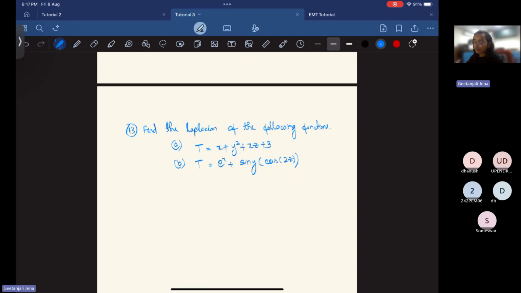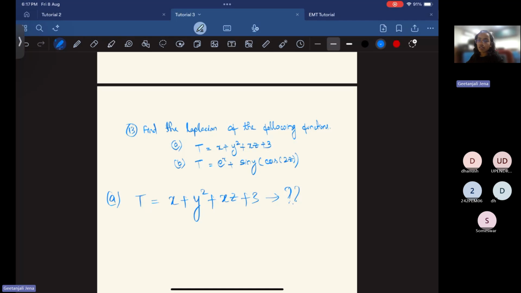The question is to find the Laplacian of the following function. You have a function T = x + y squared + xz + 3. For this function, you need to find the Laplacian of T. Please solve it and let me know the answer.